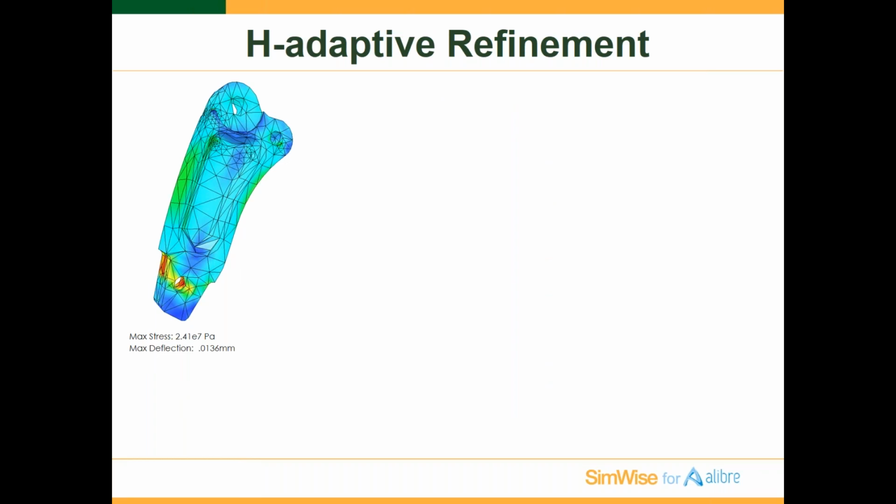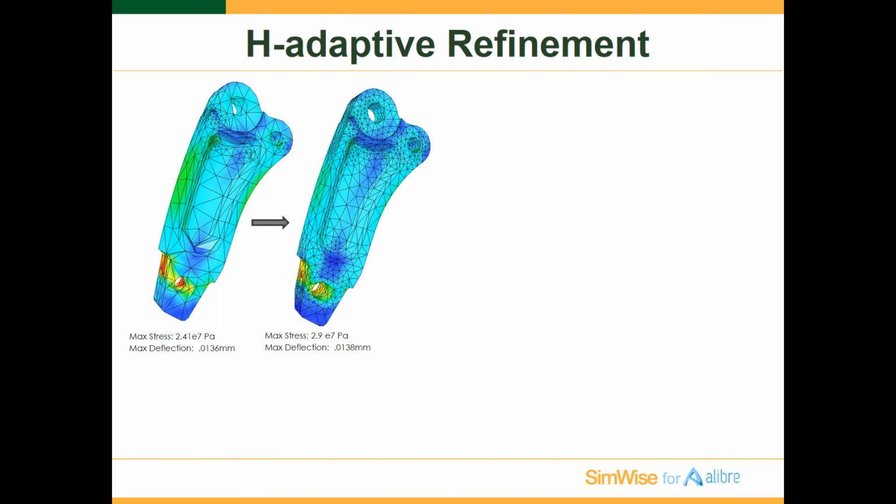As I mentioned, the H-adaptive mesh refinement allows you to start with a coarse mesh. So this is an example of a mesh that's fairly coarse. The nice thing, it's easy to generate and it solves very quickly. And SimWise will look at the errors.